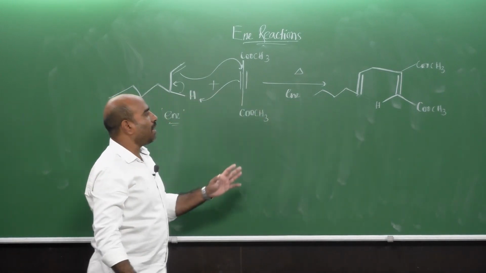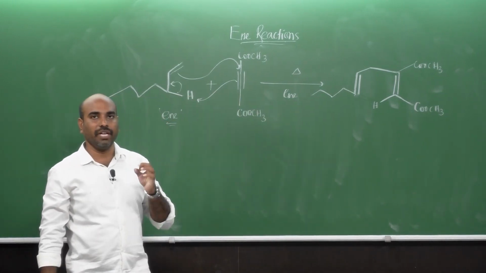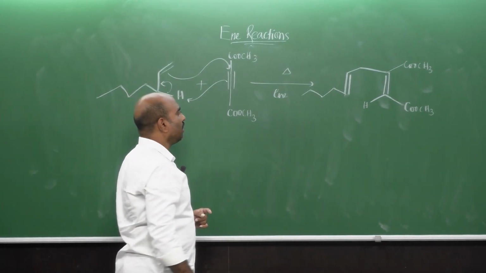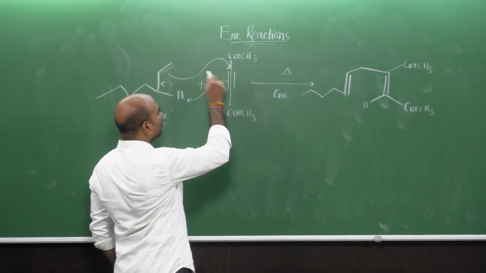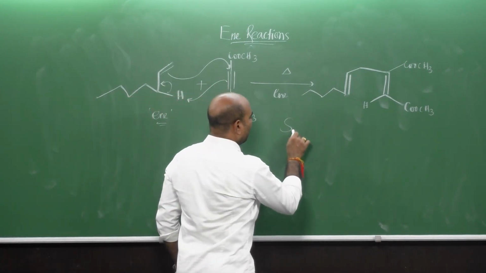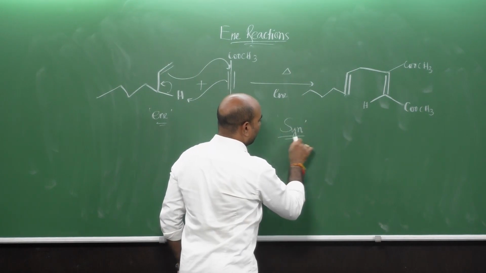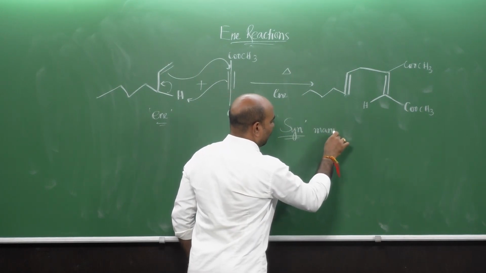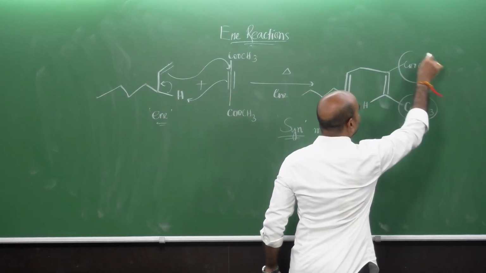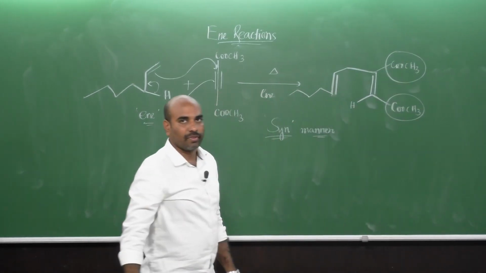So, this example will give you a clear cut message like, in a reaction where the hydrogen transfer and the sigma bond formation is happening in a syn fashion, syn manner. So, that is why you can see both these groups in the cis form, right.